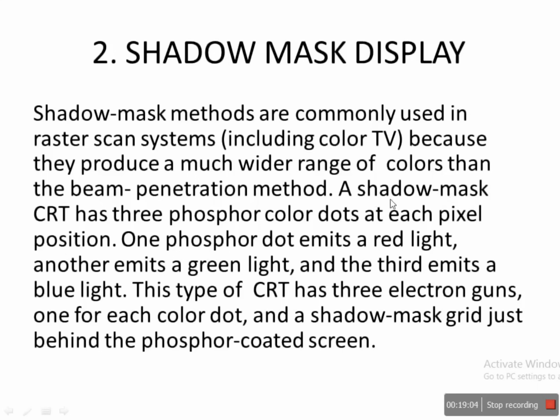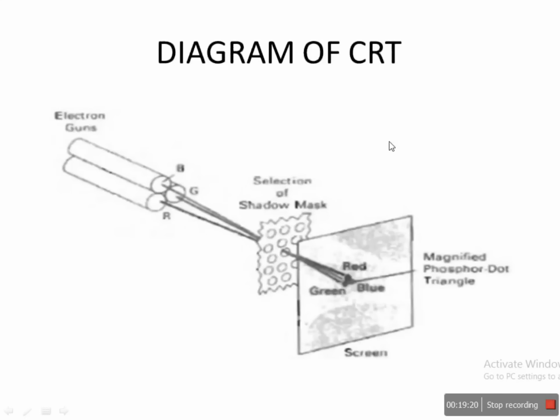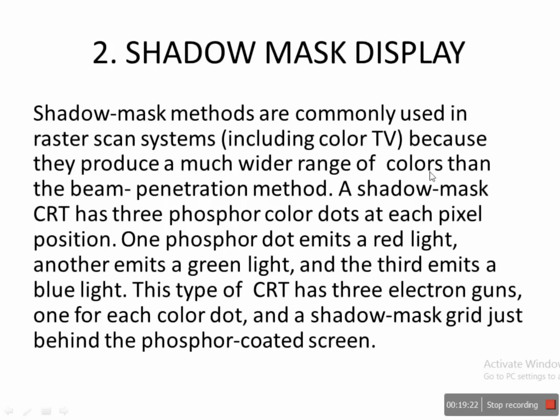A shadow mask CRT has three phosphor color dots at each pixel. In the previous case, the beam penetration, the whole screen was covered with only two layers of phosphor, green and red. But in the shadow mask display, we use three different colors at each pixel position.